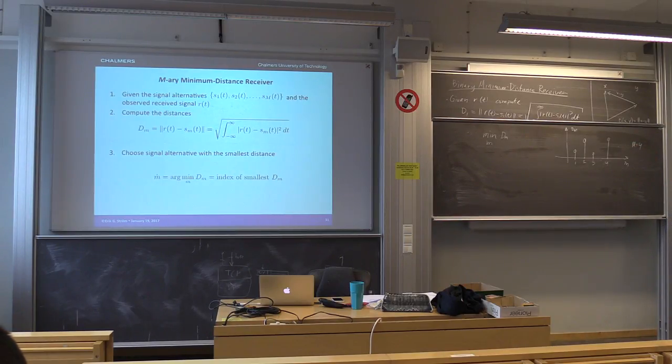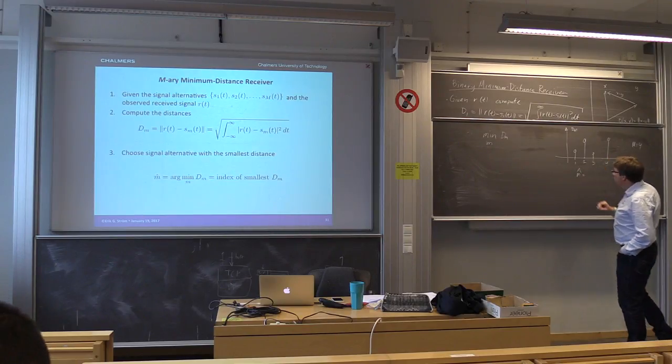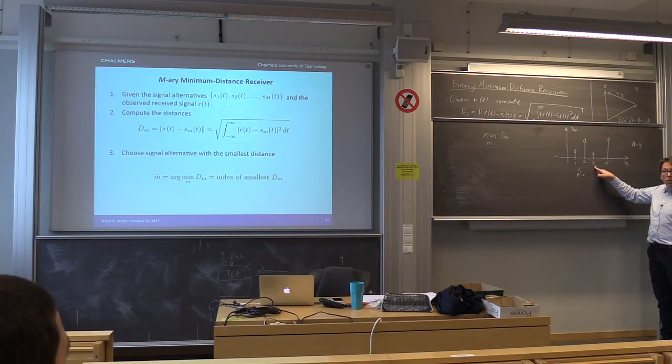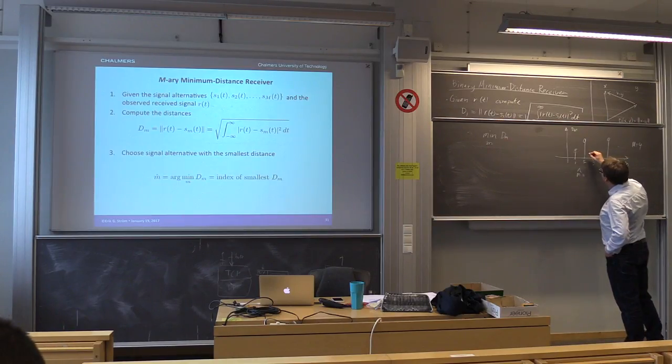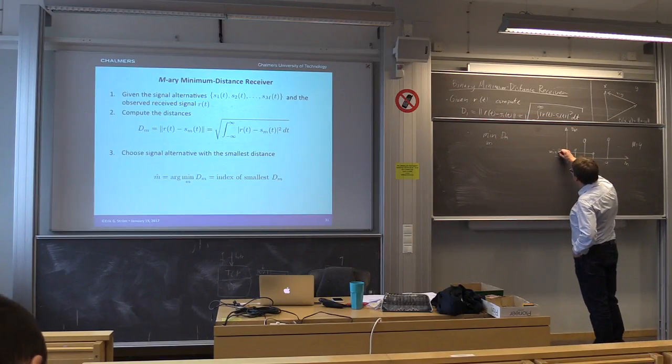What is the decision we should make in this case? What should m hat be? Should it be 1, 2, 3, or 4? Which one should it be? 3, right? And why is that? Yeah, exactly. So this is the minimum distance.